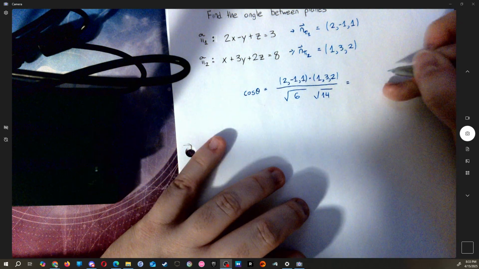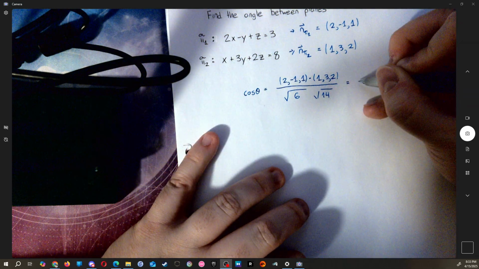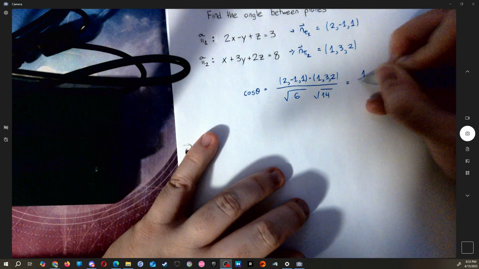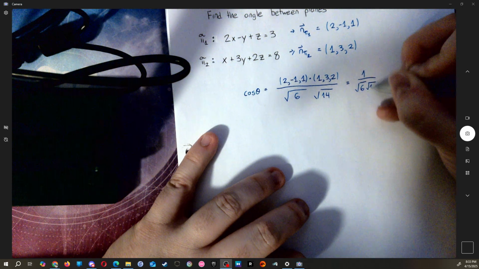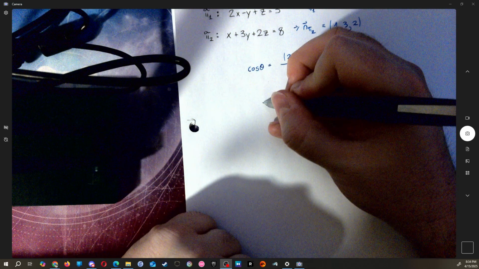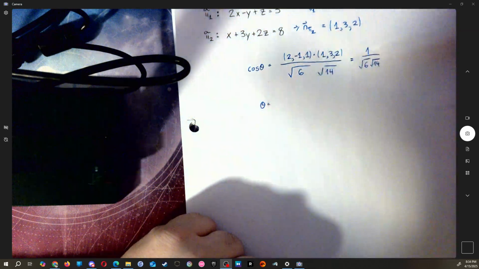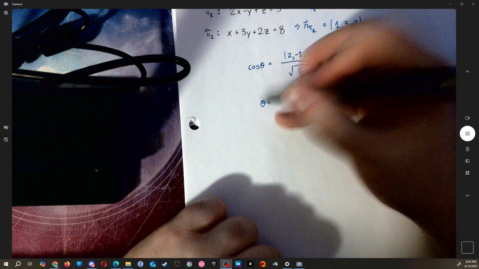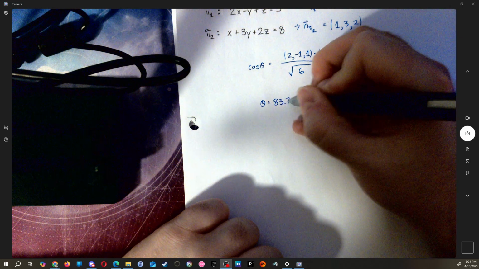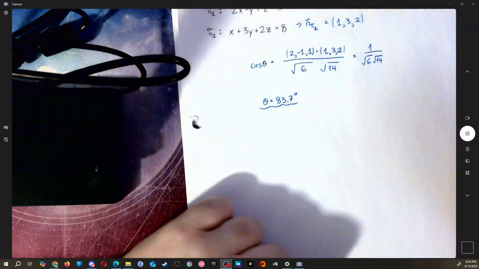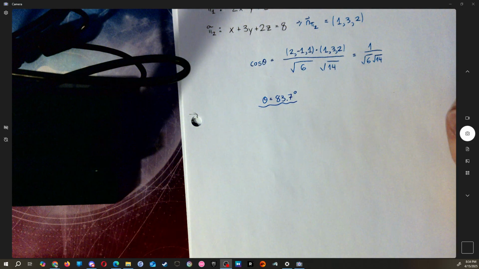So this is just going to give us 1 over the root of 6 root 14, because that's what our dot product gives us, is just 1, so it's nice and easy. And now we just do our inverse cosine, and it gives us a value of 83.7 degrees. And we are all set.